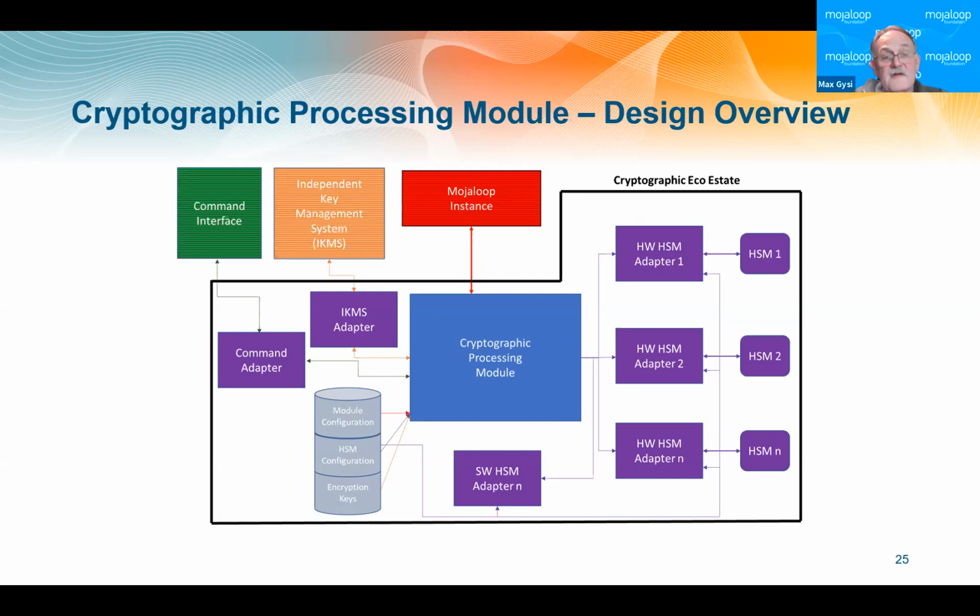Then on the right-hand side, we're going to start off with a single independent key management system adapter, which will adhere to the KMIP standard. And by doing that, we will open this system up to many key management systems. Apart from opening up to a key management system to get any new keys and storage of keys, we will actually store a copy of the keys internally in a database.